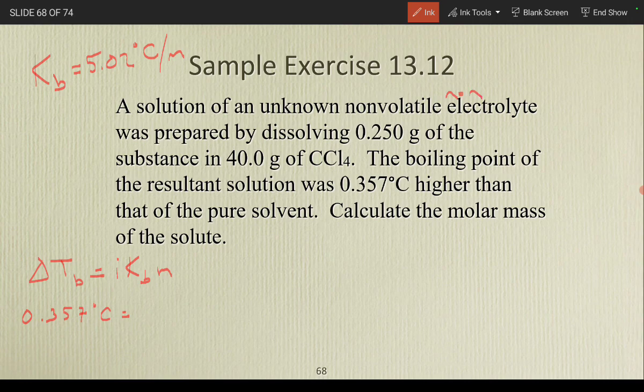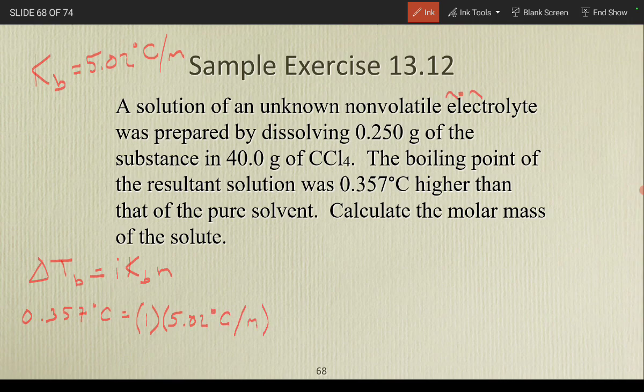We don't know what that substance is. We don't know how many particles that's going to give us. So if i is anything but 1, we would need to know that. So we'll say non-electrolyte there, so we can assume it's a covalent substance. And that would also make more sense since carbon tetrachloride is nonpolar, so we likely wouldn't be able to dissolve an ionic substance in that solution. So that should say non-electrolyte. But then the Kb is 5.02 degrees C per molal.